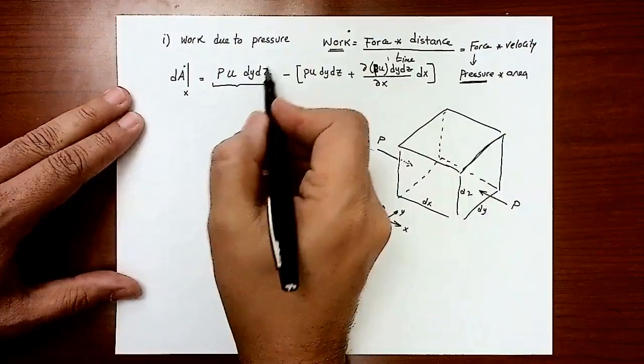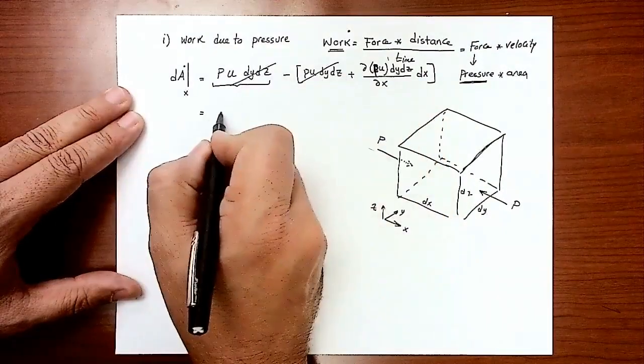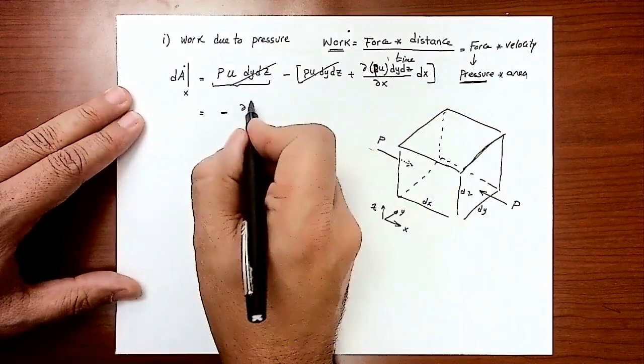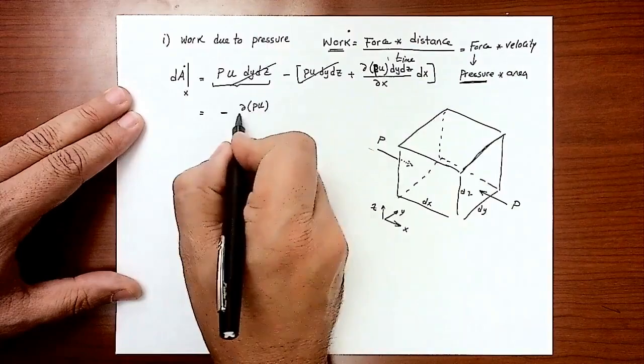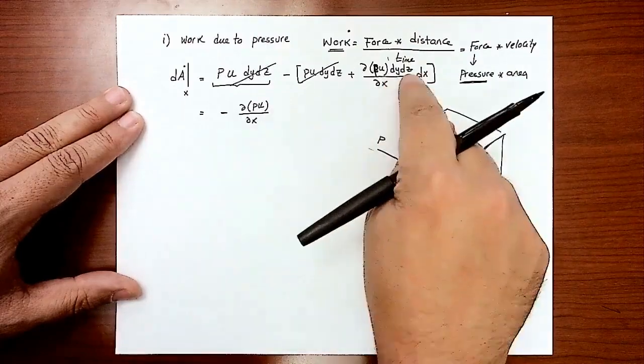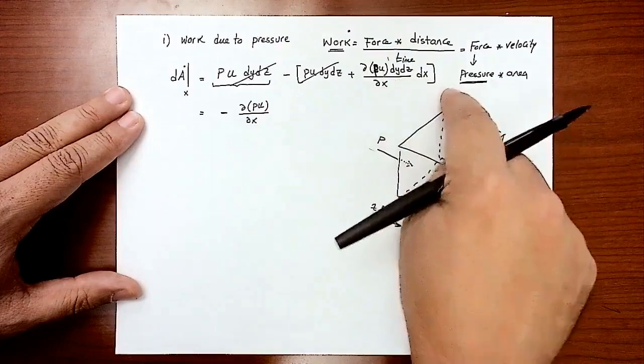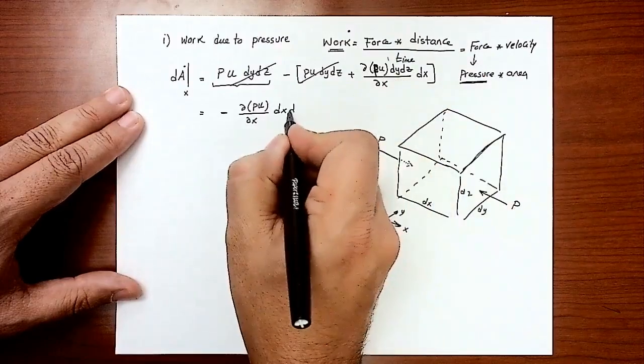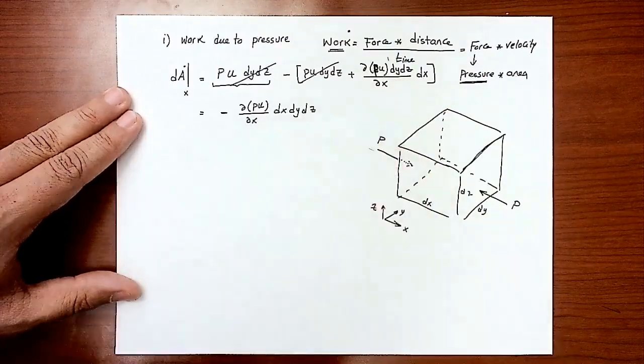So in this case, you'll find this term will cancel out. I will end up having minus partial Pu by partial x, and y and z are not relative to x, so they are constant and come out, so I will have dx dy dz.